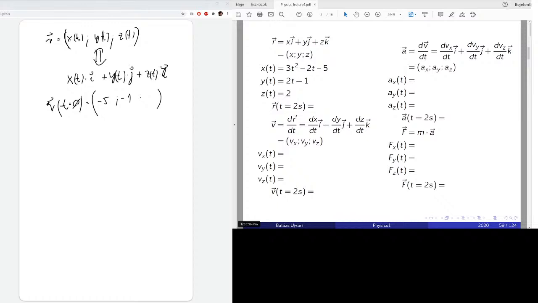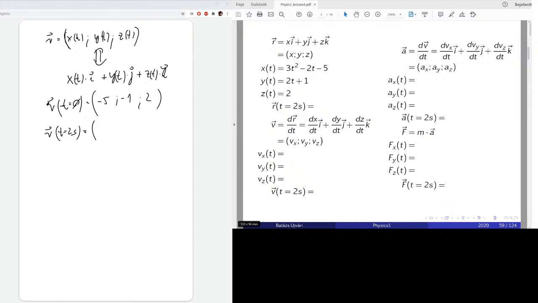So how can I calculate where is the body at t equal 2 seconds? Of course, you can do it easily. So 2 seconds. It's 3t squared, which is 4 times 3, 12.